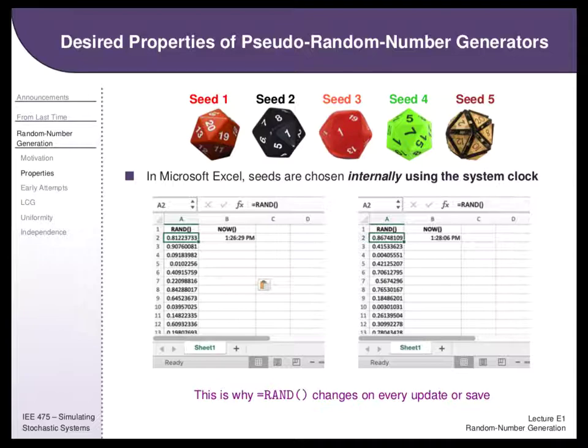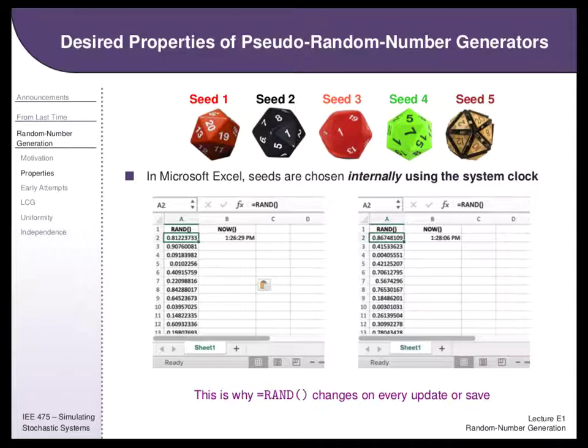So that's why in Excel, you don't have access to the seed, and this became frustrating, I think, in one of your labs, because every time you saved, you got new random numbers. Inside Excel, they basically take a hash of the time, the seconds since 1970, and that becomes their random number seed.